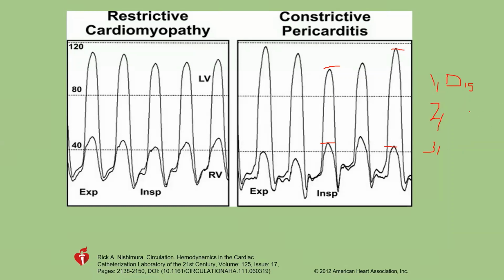Okay. Number 2, what do we see? The dip and plateau, which is here. Sometimes they call it a square root sign. So the diastolic curve here goes so swiftly down and then like this. And this indicates a sort of high pressure filling.